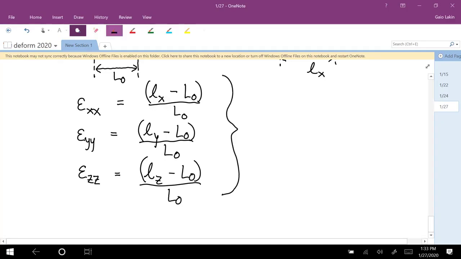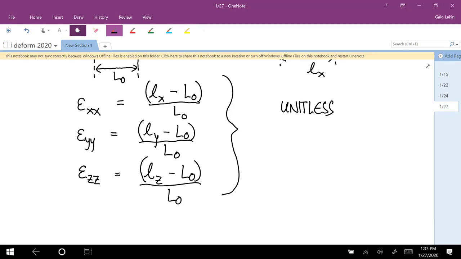Well, based on these calculations, what are the units for strain? Unitless. So you never have to convert strain values, it's just a number.